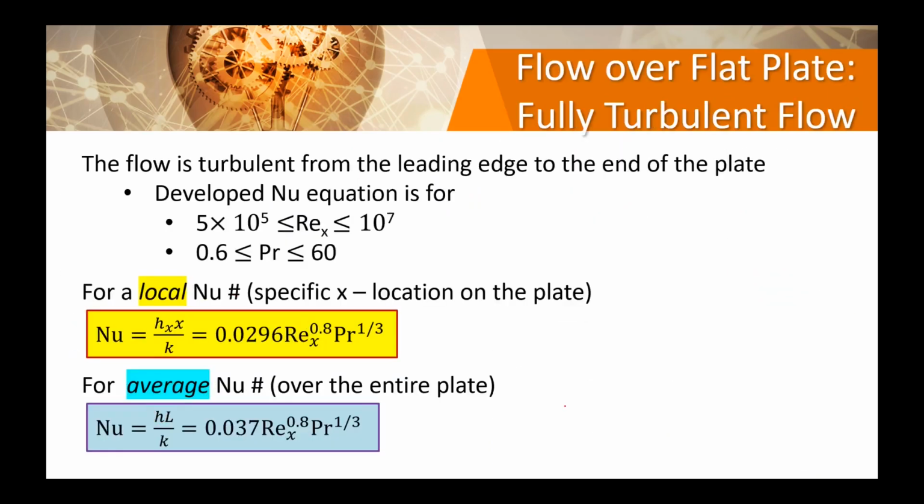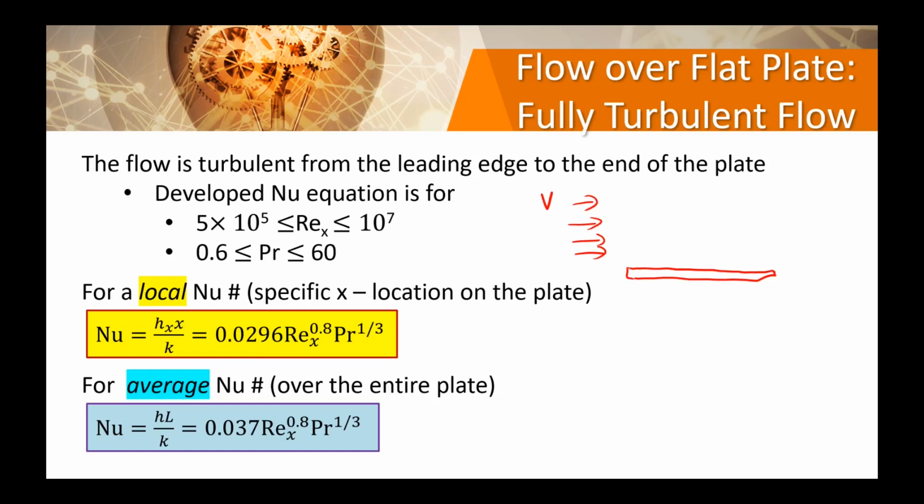Now, if we look at fully turbulent flow, what this means is the flow is fully turbulent from the leading edge to the end of the plate. Just like the laminar case, for example, you have the flat plate, and this time around, the velocity is high, right? The approaching fluid's velocity is much higher than the laminar one.